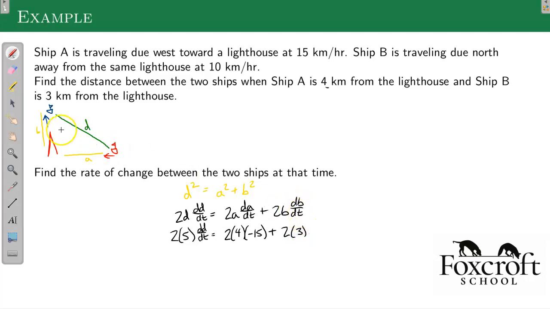And db/dt is how side b of my triangle is changing. Since b is getting farther away, b is getting bigger, and that's going to be positive 10. Now we simplify a bit. 2 times 4 times negative 15 is negative 120, plus 60.